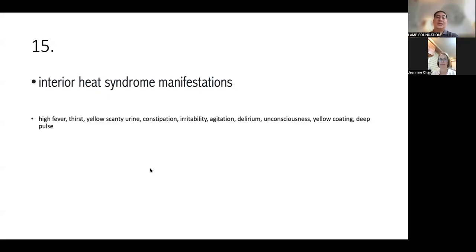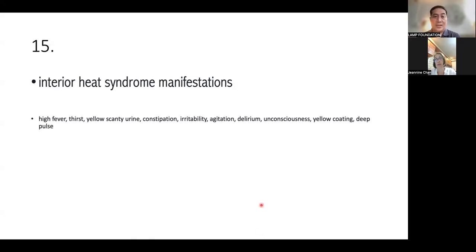If you notice, this time there is no cold or chills. There is only high fever. So this time the patient will throw away the blankets. Thirst, yellow scanty urine, constipation. Usually the patient would not come to us for consult; they would usually go to the hospital.